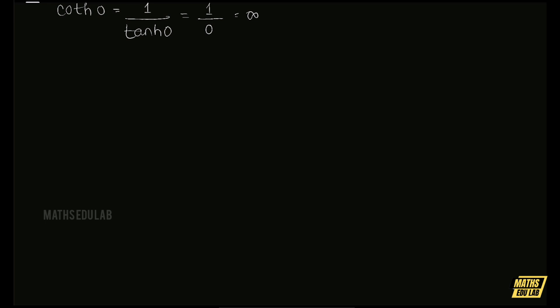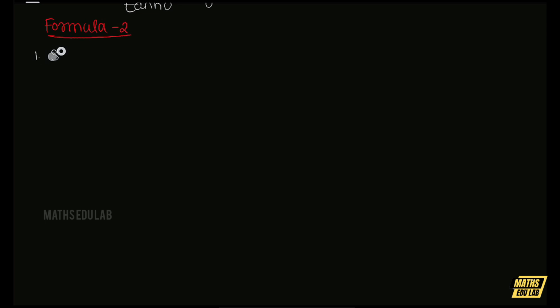So let's learn some more formulas of hyperbolic functions. Let me write it as formula 2. Under that we will learn some formulas. The first one is sine hyperbolic 2x.